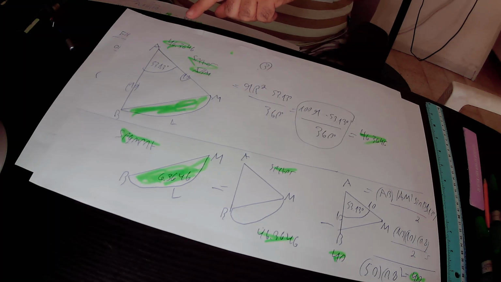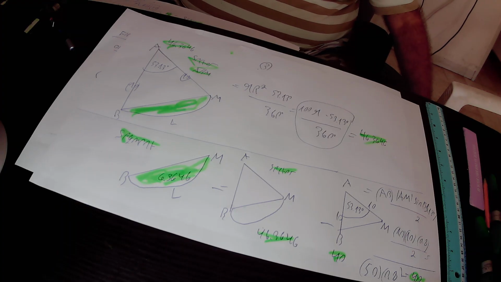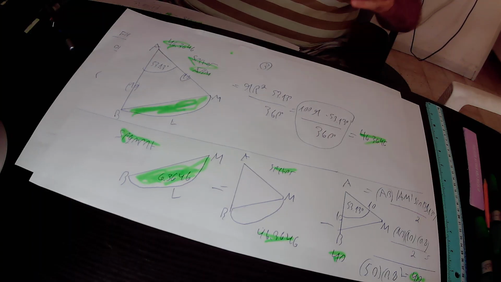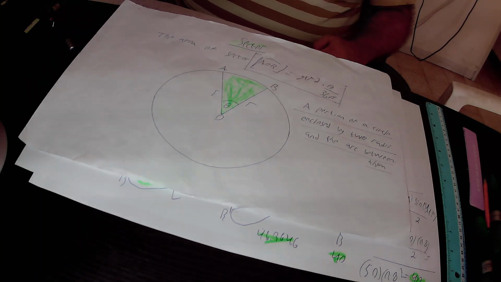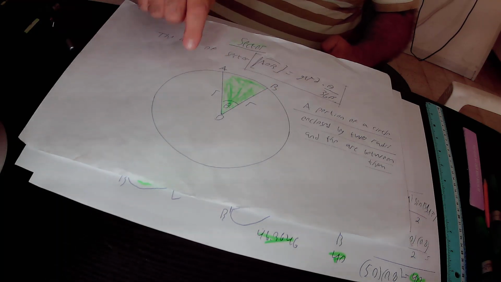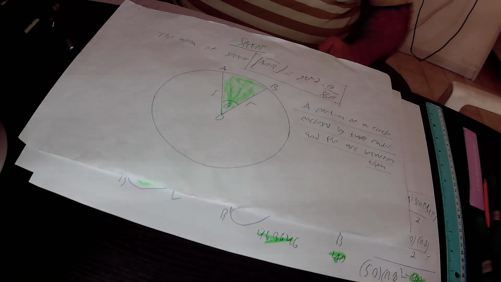This is sector ABM, from the original drawing. So what is a sector? A sector is a portion of a circle enclosed by 2 radii and the arc between them. Again, this is sector AOB. It is a portion of this circle enclosed by 2 radii and arc AB between them.